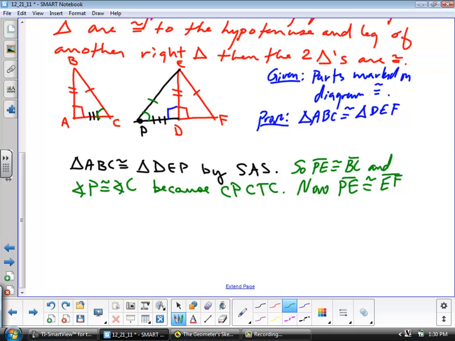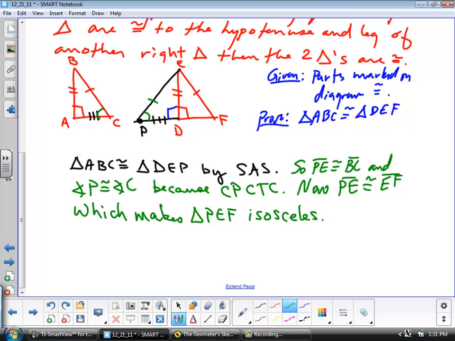If PE is congruent to EF, what type of triangle is PEF? It's isosceles, isn't it? So PE is congruent to EF, which makes triangle PEF isosceles. What do we know about isosceles triangles?